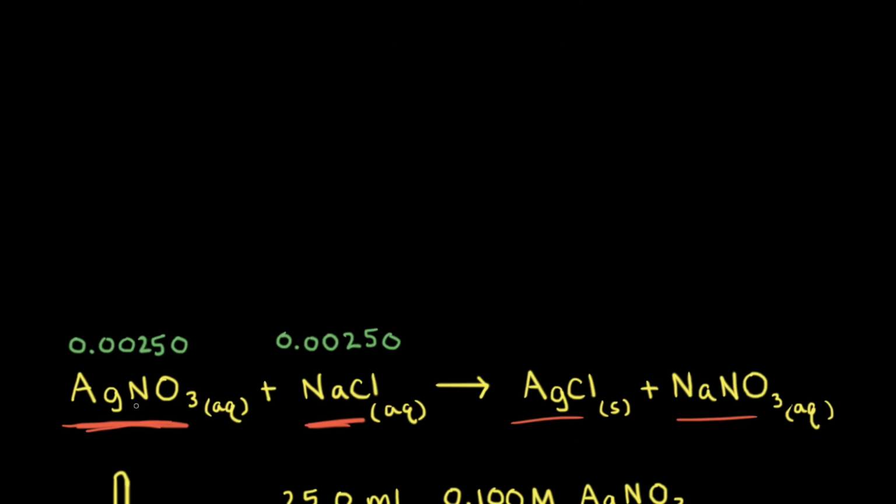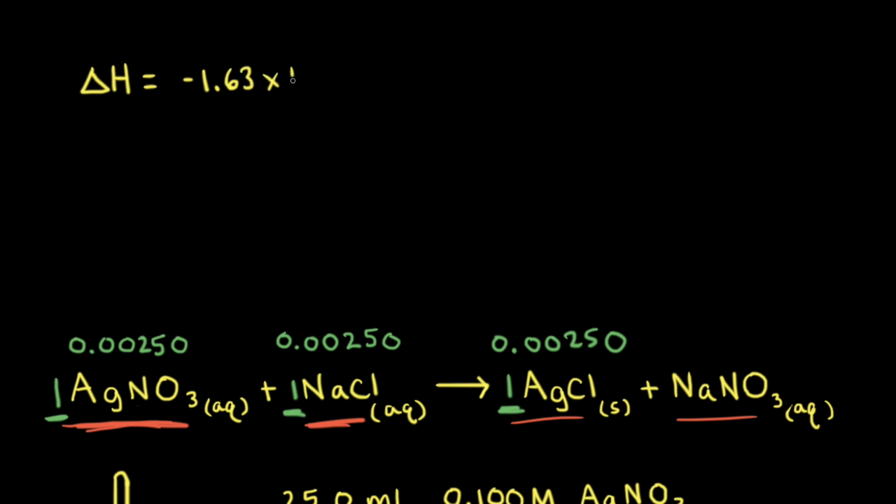Next, we go back to our balanced chemical equation, and we can see we have coefficients of 1 in front of silver nitrate, in front of sodium chloride, and in front of silver chloride. Therefore, we're also going to produce 0.00250 moles of silver chloride. Next, we're going to calculate the change in the enthalpy delta H for our reaction. The heat that was transferred was negative 1.63 times 10 to the second joules.